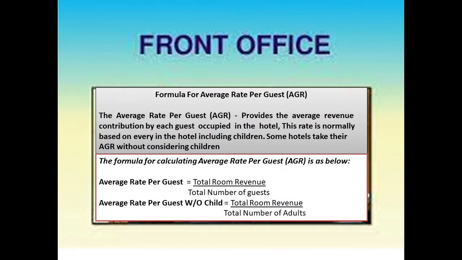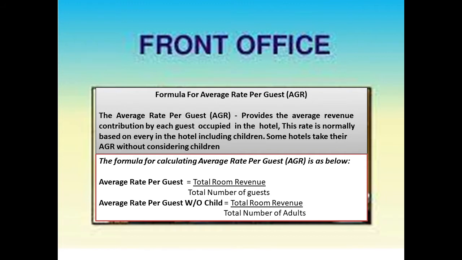Okay, let us proceed to the formula for average rate per guest or AGR. The average rate per guest, or AGR, provides the average revenue contribution by each guest occupied in the hotel. This rate is normally based on every guest in the hotel, including children. Some hotels take their AGR without considering children.